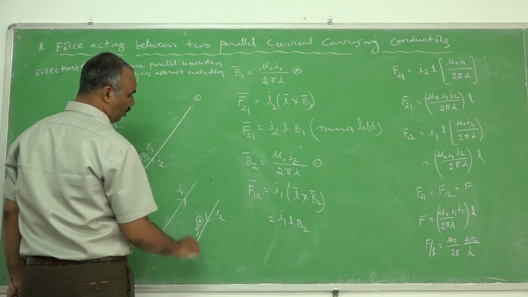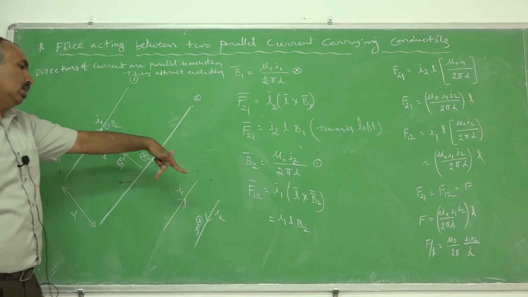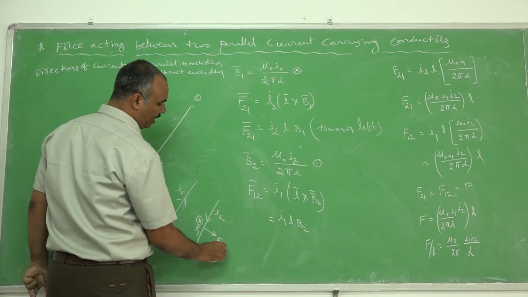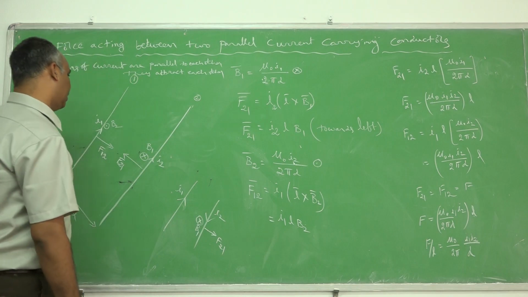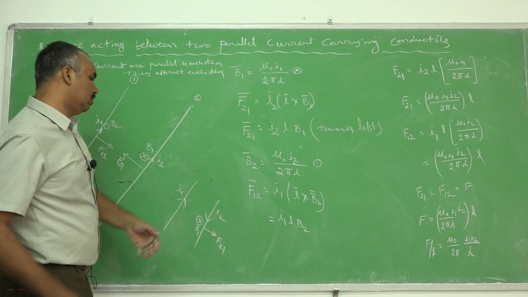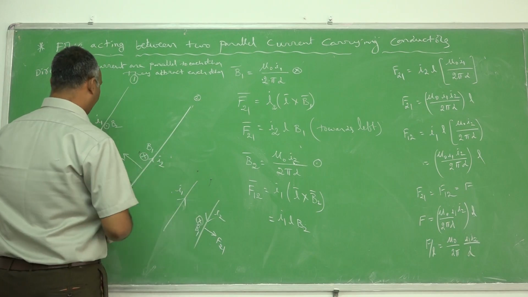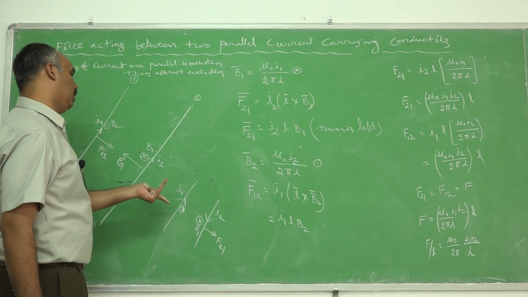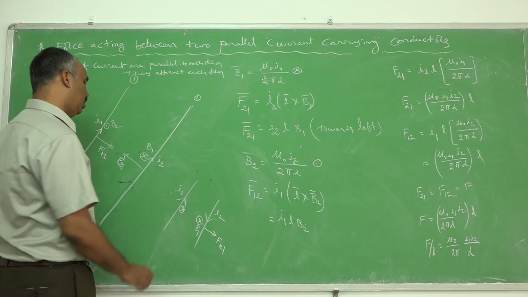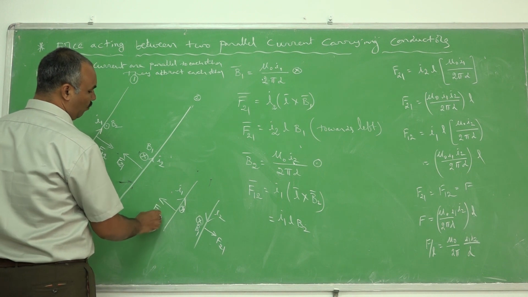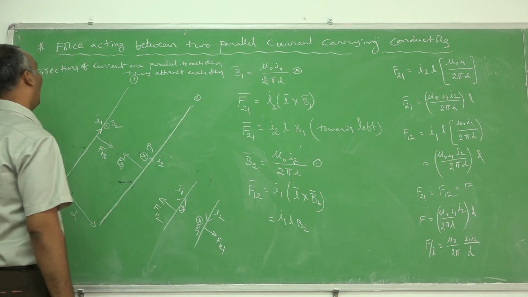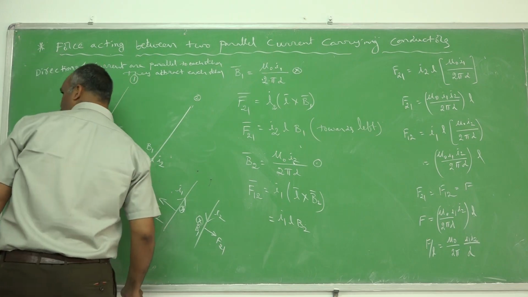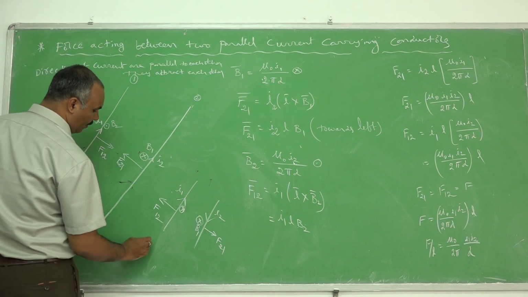Now if I apply Fleming left hand rule, current is like this, magnetic field is into the paper, it experiences a force like this, F12 bar. If both are anti-parallel to each other, they repel each other. Currents are anti-parallel means conductors repel each other.